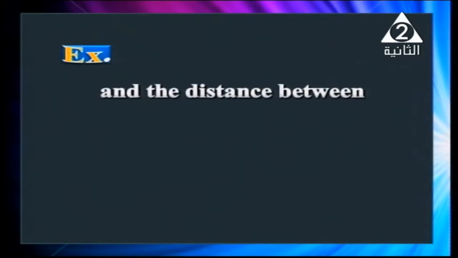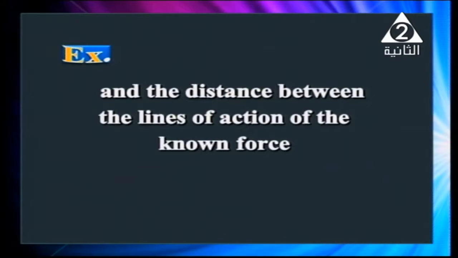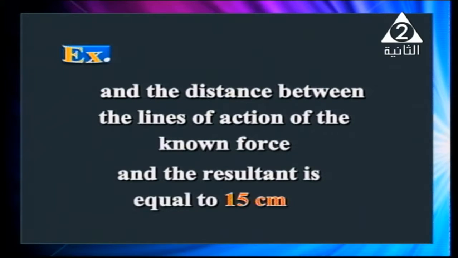And the distance between the line of action of the unknown force and the resultant is equal to 15 centimeters. Remember, my dear student, the distance between the line of action of the unknown force F and the resultant is equal to 15 centimeters.